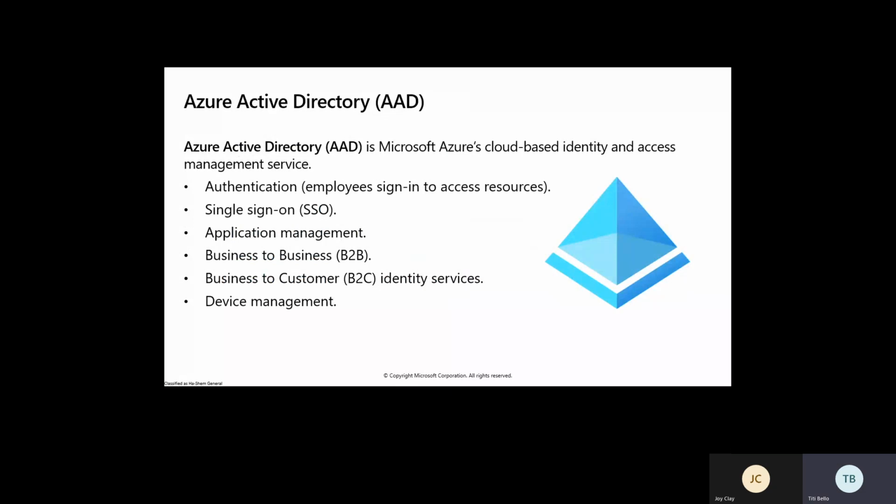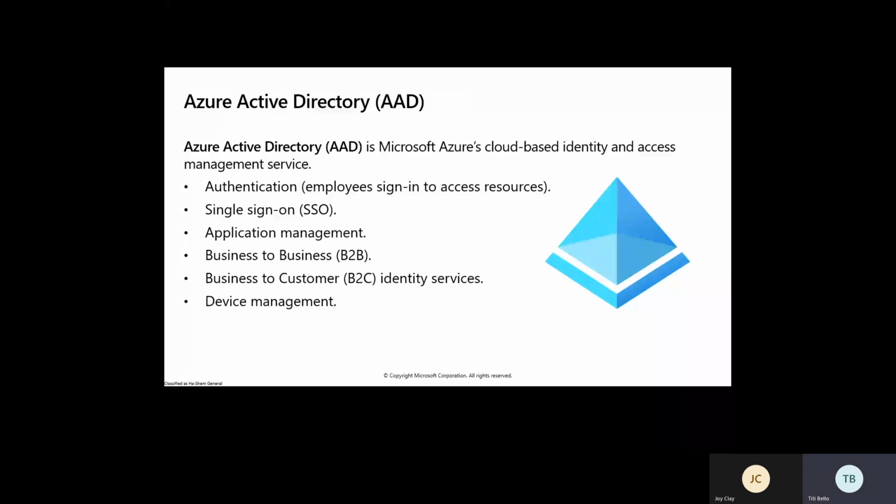So like we said, it is responsible for authentication. That's user signing in, verifying users' username and password. That is the job of Azure Active Directory. Then it can also provide what we call a single sign-on service. So single sign-on, this is how it works.